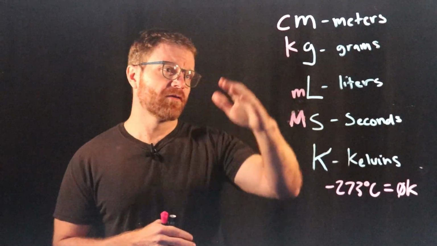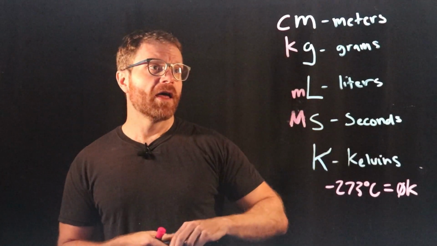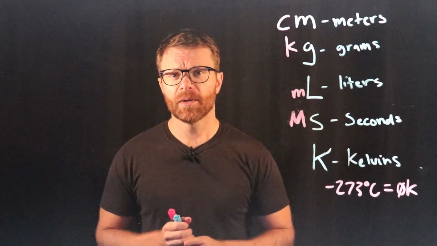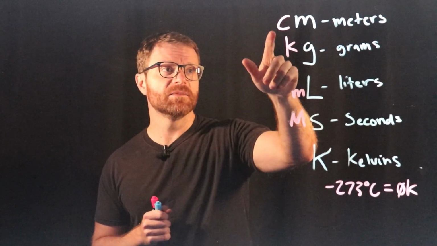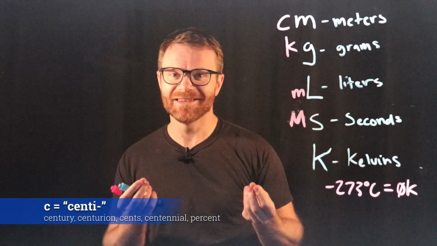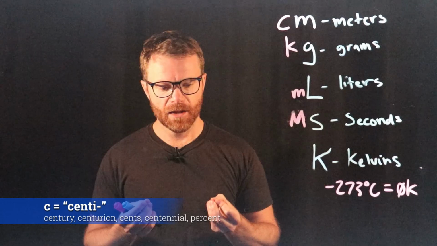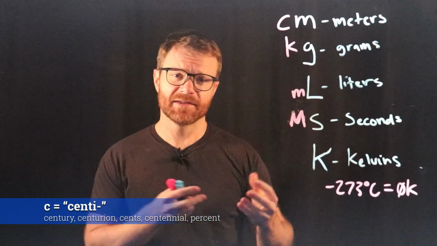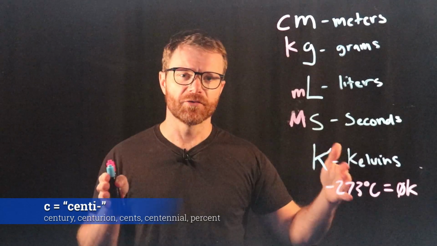In order to help you remember these things, I think centi is probably one of the easiest prefixes to remember, because centi means 1/100th, and there are lots of words that go along with this centi prefix. For instance, if you measure temperature in centigrade, that's Celsius, it's 1/100ths.